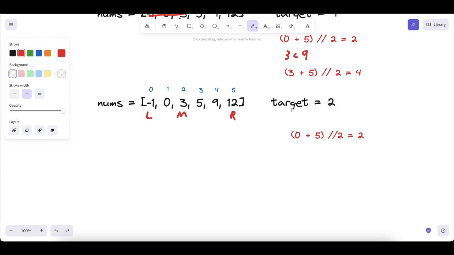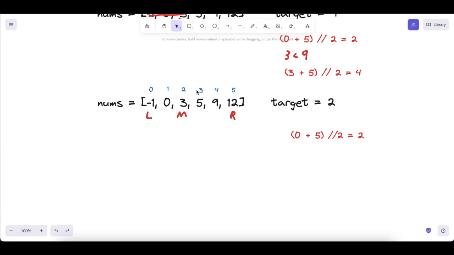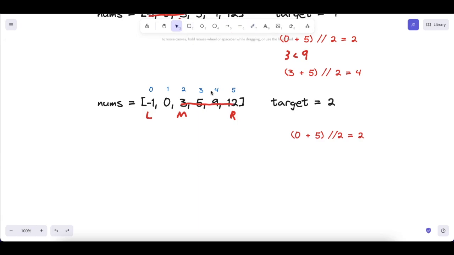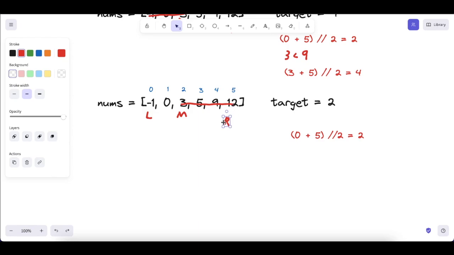We see that 3 is greater than 2, so it is greater than our target. Therefore, to continue on, we know that we can discard everything from the 3 on, because the array is in ascending order. So if the 3 is greater than the target, so will everything that comes after. And therefore, what we will do is take our right pointer and make it equal to mid minus 1.